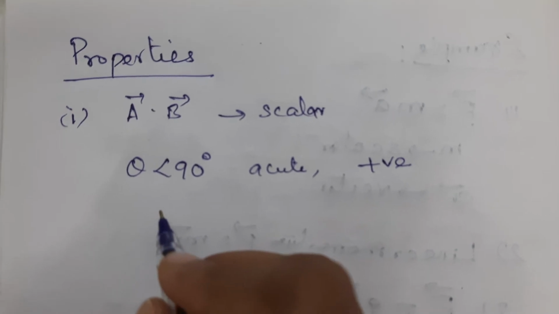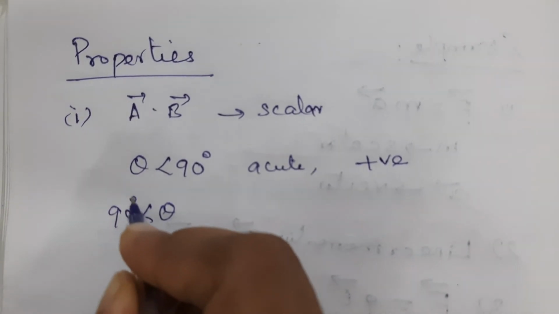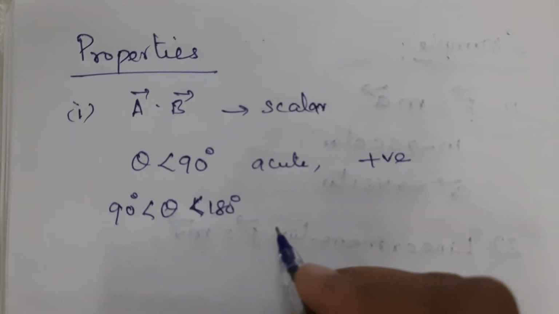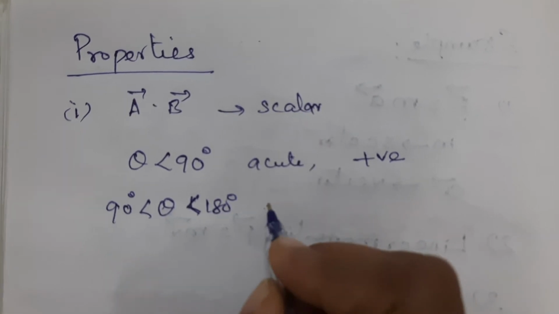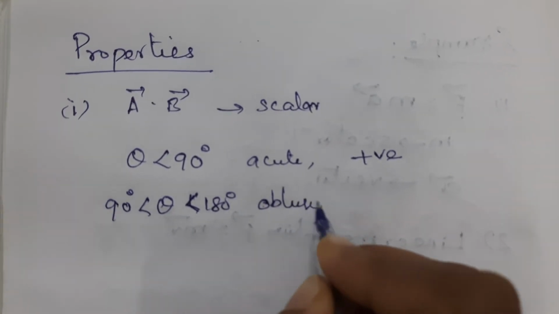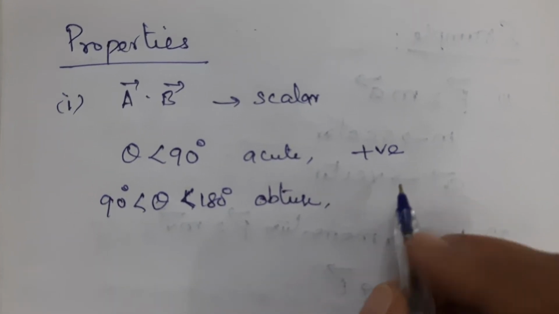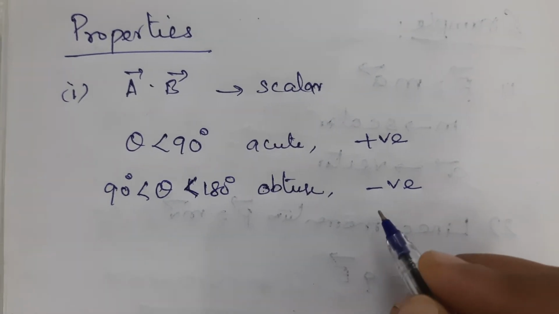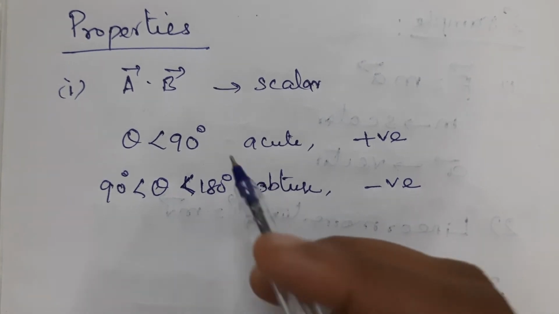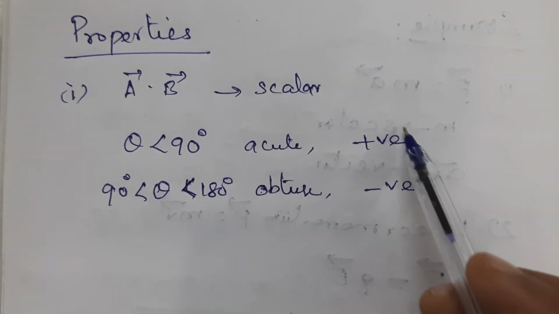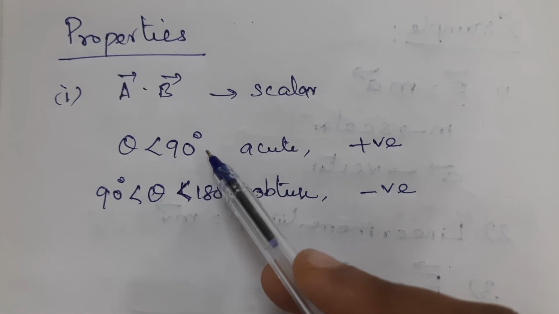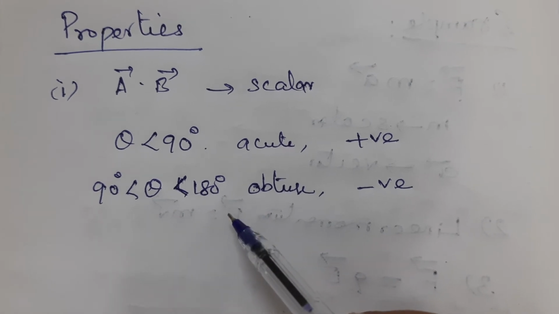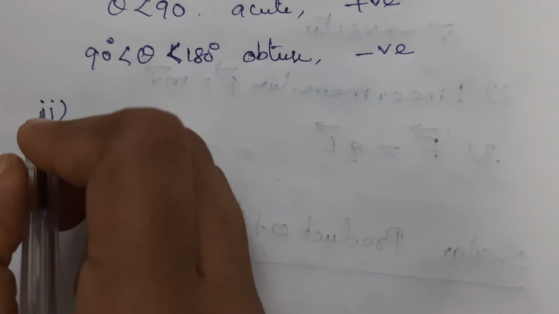If theta lies between 90 degrees and 180 degrees, that is the angle between the two vectors is obtuse, then the product is negative. This is the first point. The product quantity A dot B is always a scalar. It is positive if the angle between the vectors is acute. It is negative if the angle between them is obtuse.